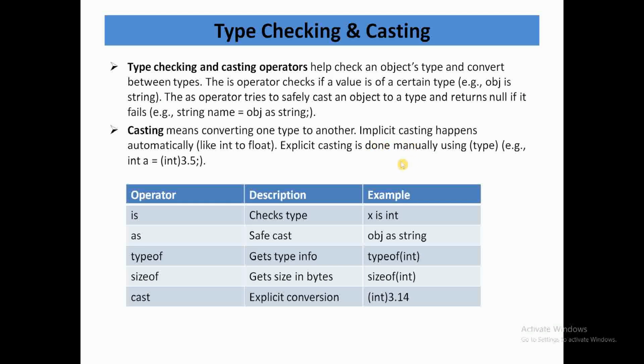Implicit casting is like when we are converting values from int to float, it will automatically detect that value and store it in float. And explicit casting is like when we have to store a value from float to integer, we have to typecast that float value to int.